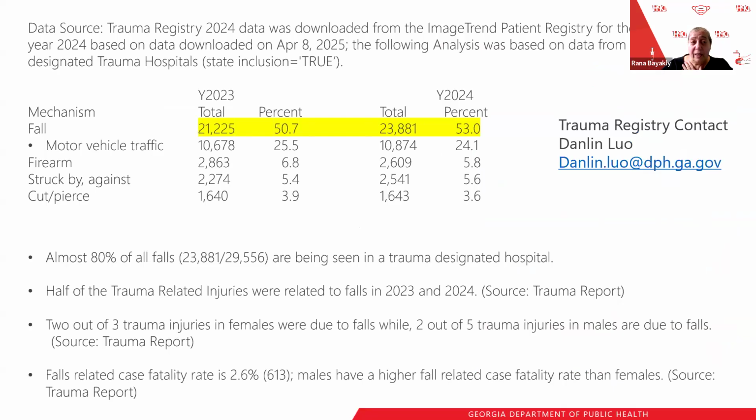trauma fall is the leading cause of trauma in Georgia, and it is contributing to almost 53% of all trauma-related hospital visits. So what I did is, with all the falls, we had 23,881, while all hospital discharges were 29,556.